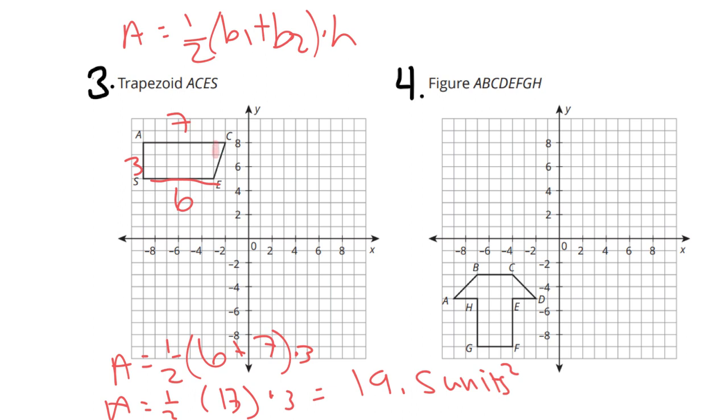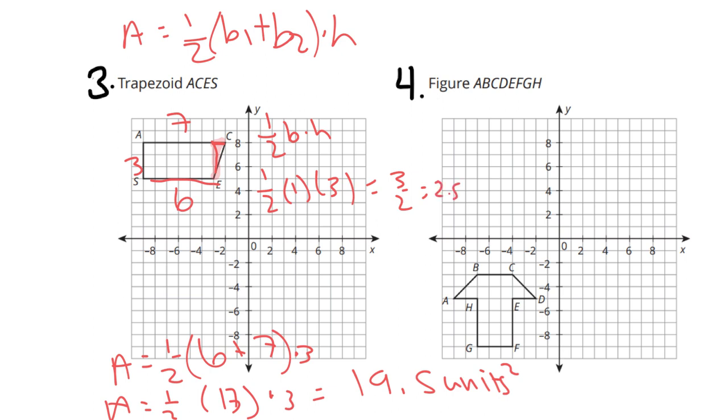So another way you could have done this, I could have made this a triangle, right? This right here, that's a triangle. And then I have a square. Remember the area for a triangle is 1/2 base times height. So I could have done the 1/2. The base is just 1. So 1 times the height is 1, 2, 3. And I would have gotten 3 over 2, which is around 2.5.